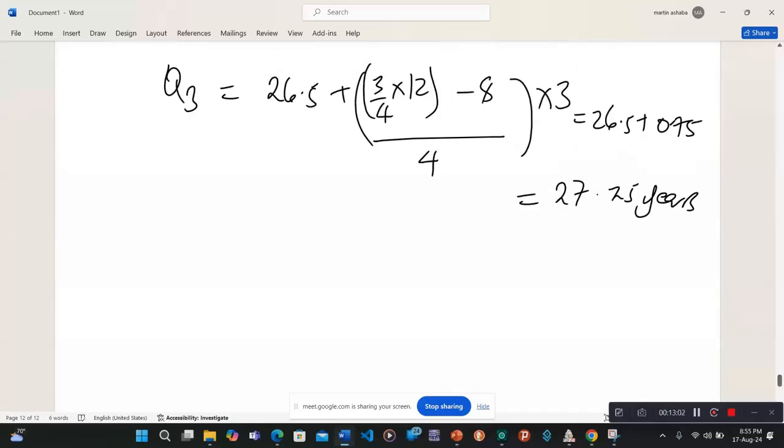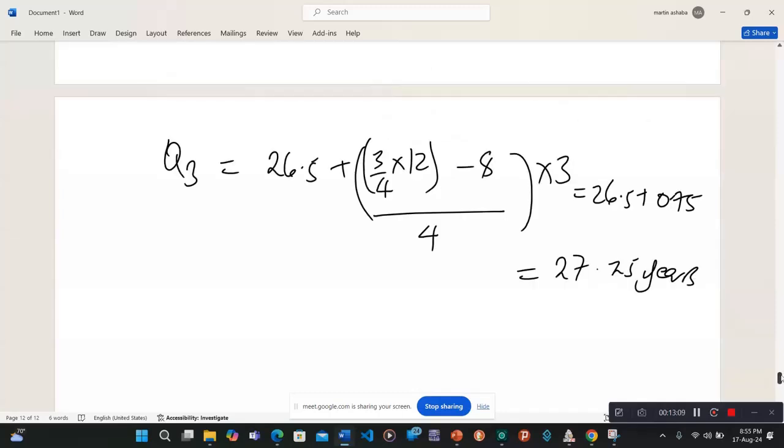That means the third quartile, in other words, it's like we are talking about the median. The median is in the middle. The first quartile, a quarter of the data set, is the value we got above.